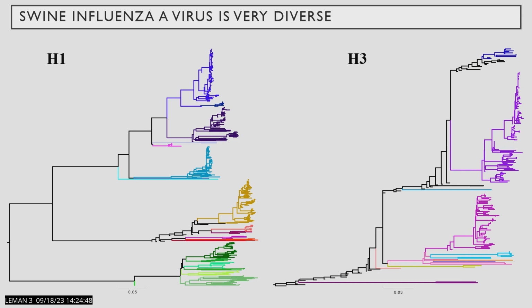So this is just to show you the diversity of influenza A viruses. I'm sure many of you are very aware that influenza A viruses are very, very diverse. This is just the hemagglutinin gene. And we have two subtypes, as you know, that infect pigs, H1s and H3s. The different colors here on these phylogenies represent antigenically distinct clades.